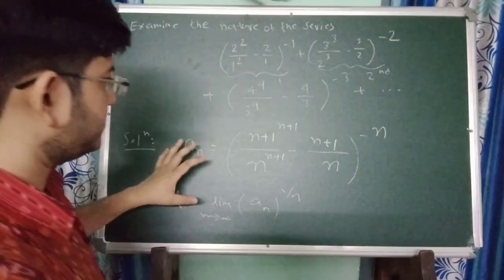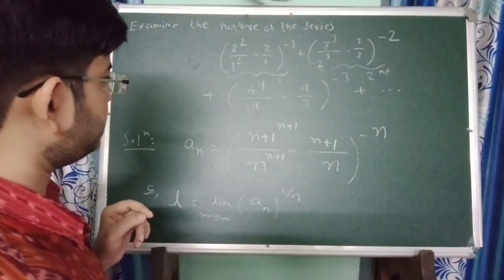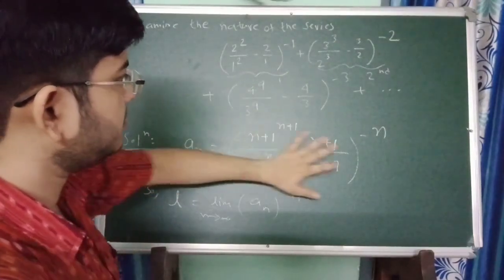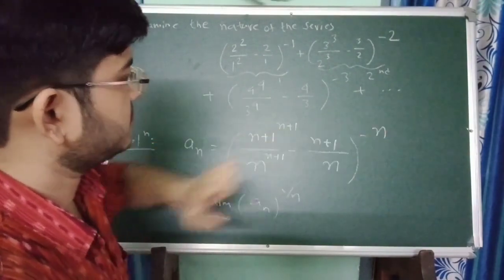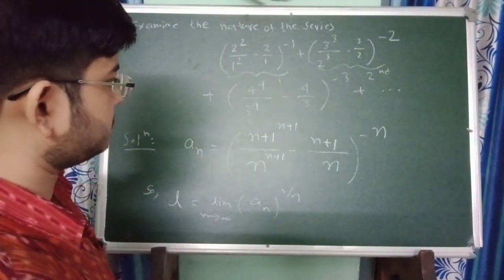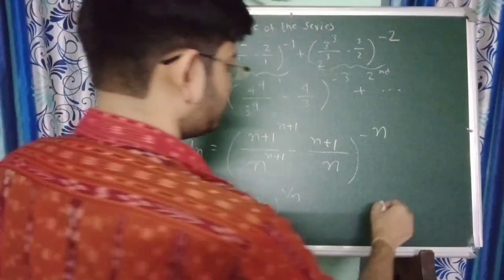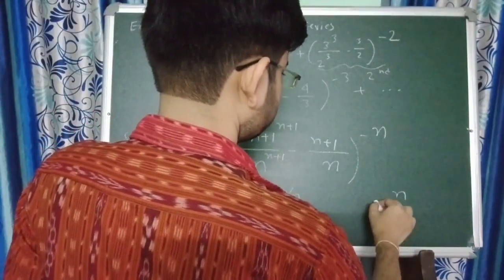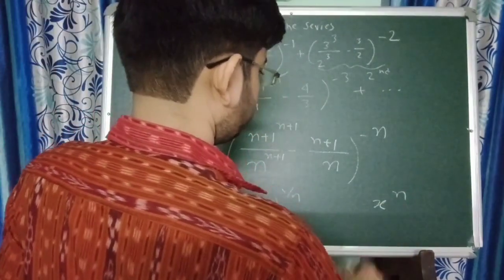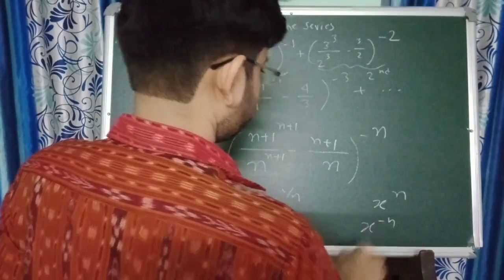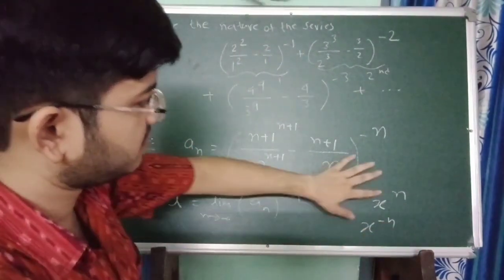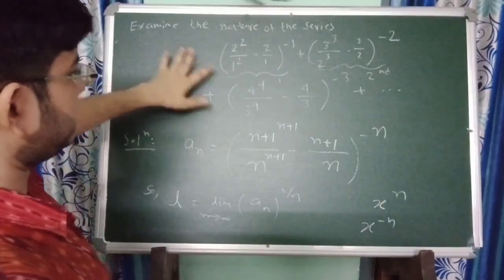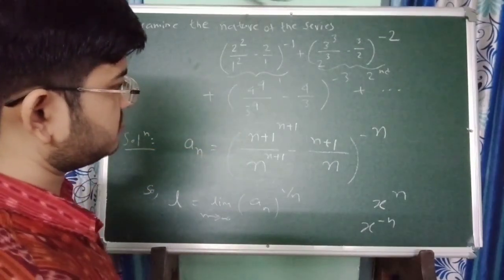When in any problem we see that a power-related problem arises, something to the power n, or something to the power n minus 1, in case of power type problems we always apply the Cauchy's root test.